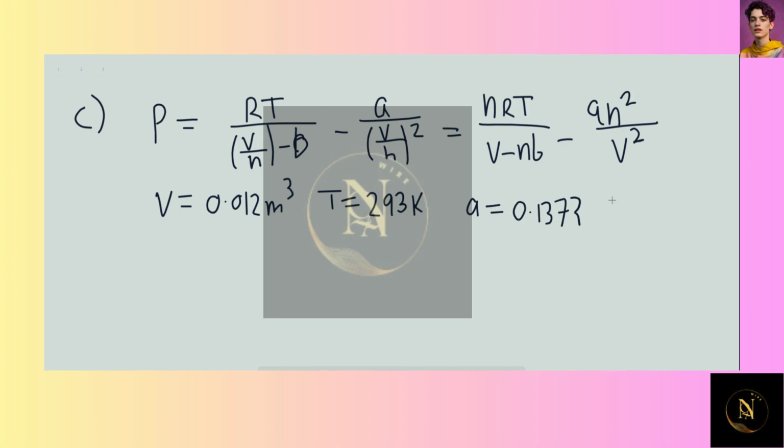And I'm just going to take the units off because they're kind of messy. And B is 3.72 times 10 to the negative 5. We could put all these values in and compute P, which comes out to be about 1.9 times 10 to the 7 Pascal. All right, so far so good.